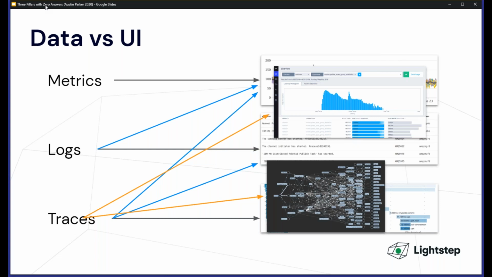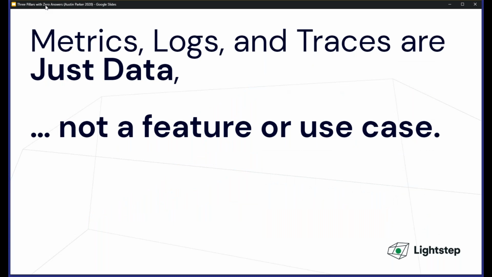And the point I'm trying to make here is that when we look at an observability or monitoring product and we see metrics, logs, and traces, those are actually just visualizations of raw data, and that raw data is fairly convertible from one form to the other.